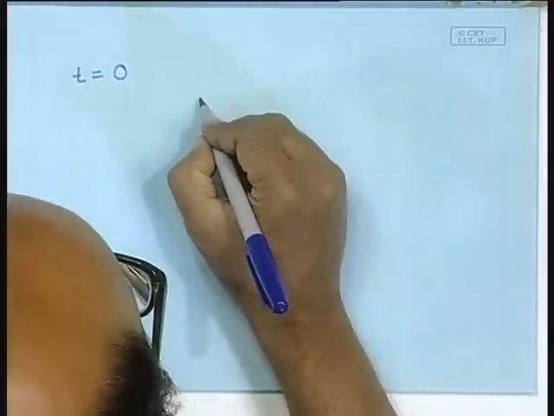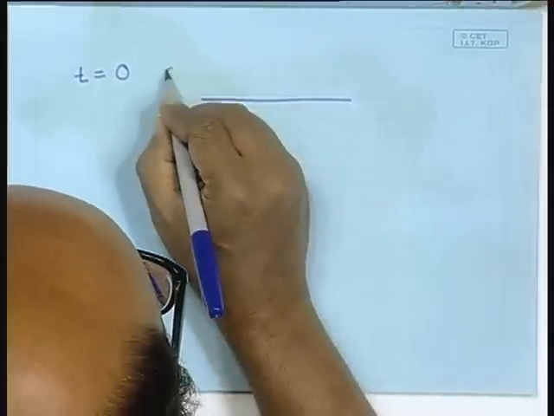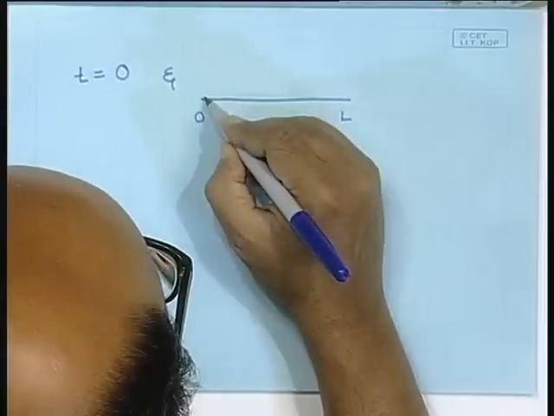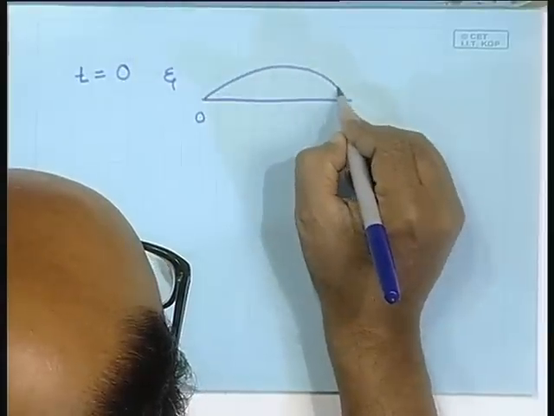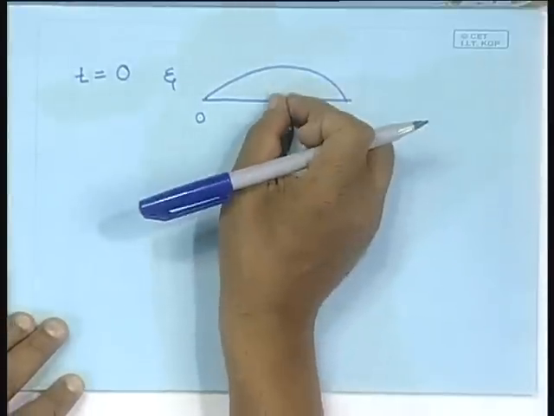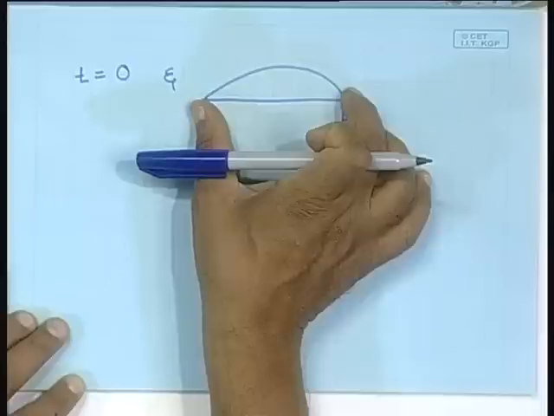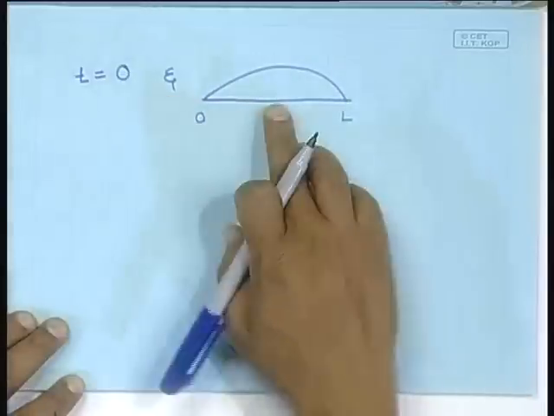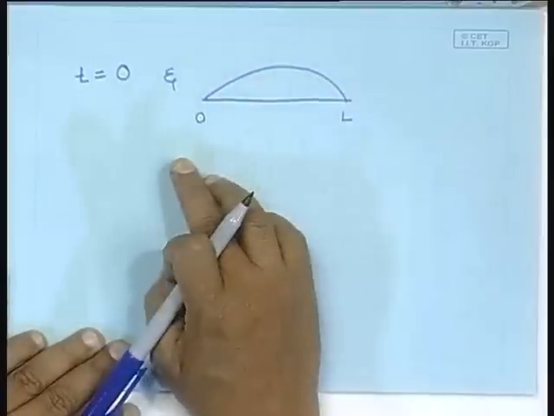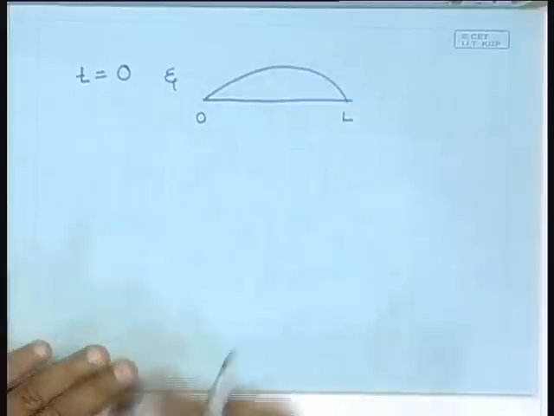Let us set A also equal to 1, and the displacement xi as a function of x at t equal to 0 looks like this. We have already plotted this and discussed it, but let me do it again. The deformation is maximum at the center, it is always 0 at the two ends, and at t equal to 0 the deformation is the maximum. So, it is maximum at the center and it falls off at the two ends.